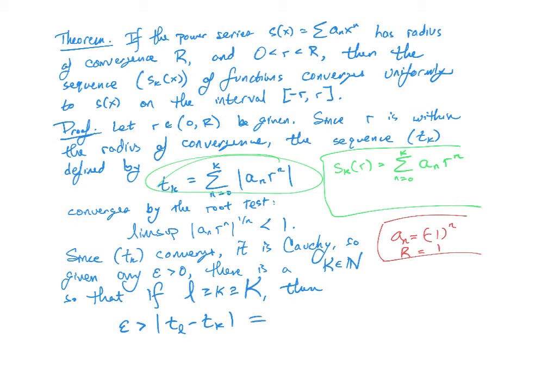And I assume that l is at least k, so the difference here is the k plus first to the lth term. Okay? And now you see we don't actually need that absolute value outside anymore.